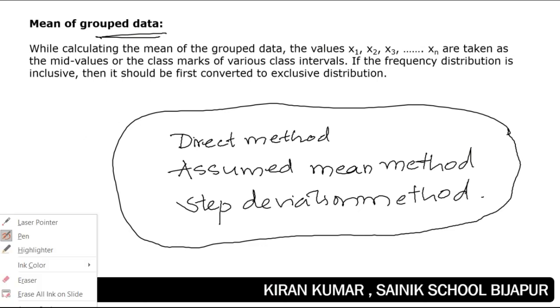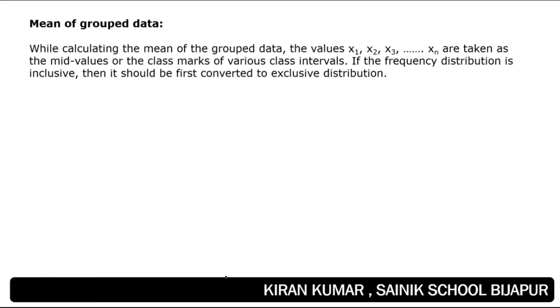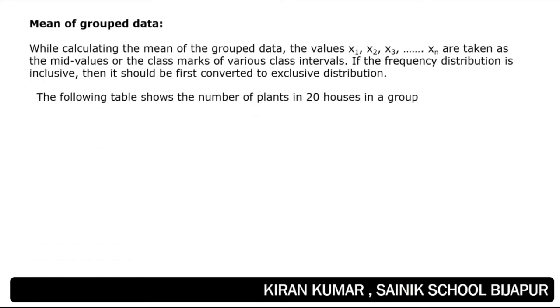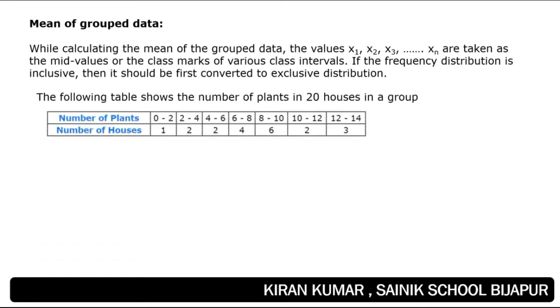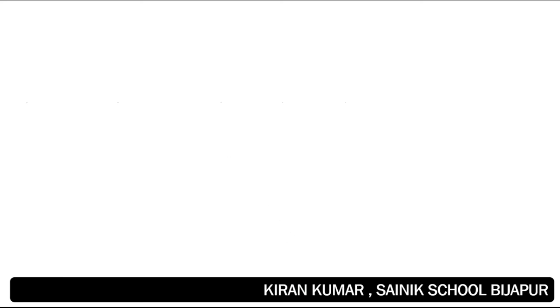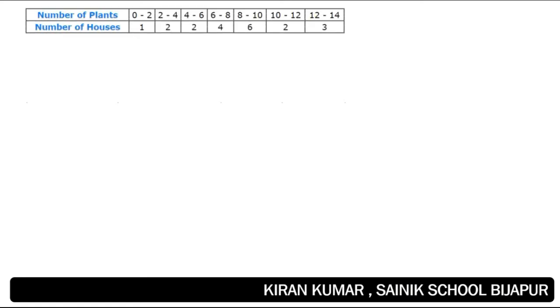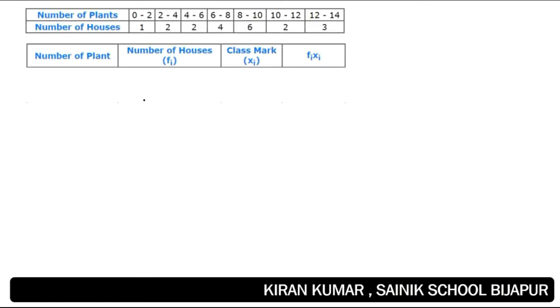Let me take up an example to show. Here the number of plants and the number of houses are given in a tabular form. If you want to find the mean number of plants per house, we follow these steps. First, we make this in a tabular form.